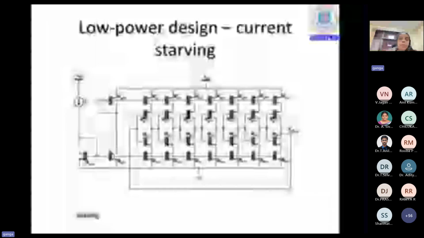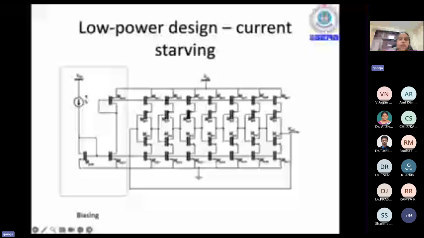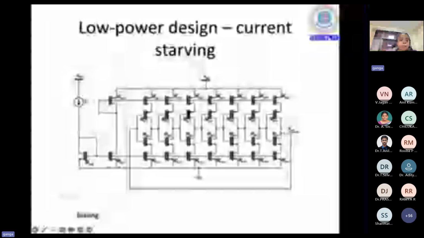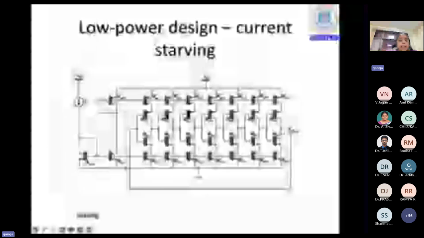One of the low power designs is using the current starving method, in which we bias the ring oscillator with very low current, so that the transistors operate near weak inversion. As you can see, the biasing is marked in this rectangular window, where the input current is provided, and it is mirrored with these biasing transistors MBN9, MBN8, for both NMOS and PMOS.